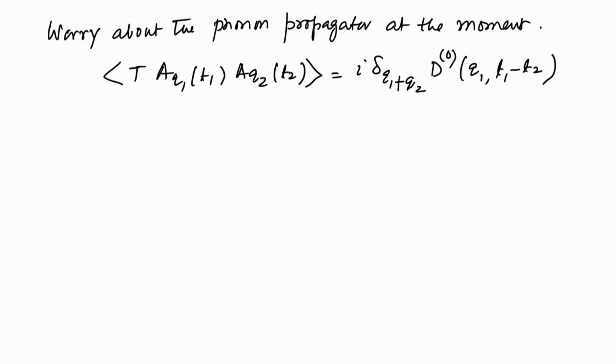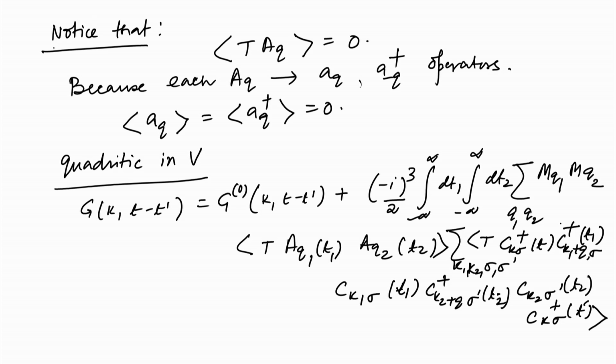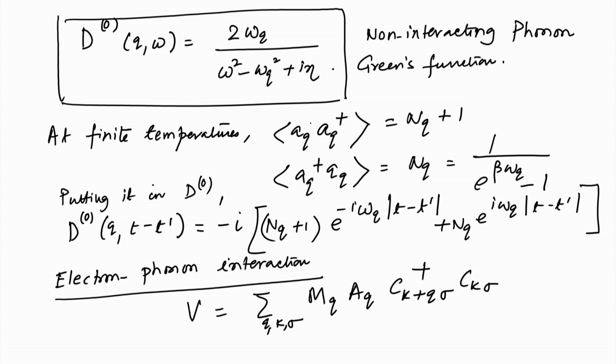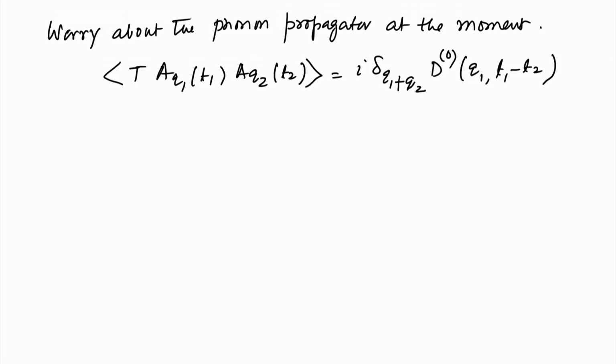minus q 2, and that will be with I, and then we have to compute the non-interacting phonon Green's function, which is what we have learned how to calculate here. So, that will be the energies square. So, the electron Green's function of course has many contributions.